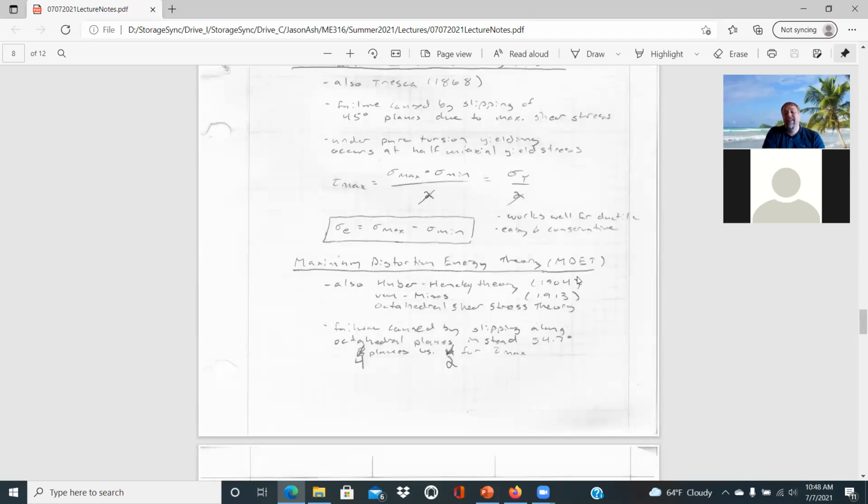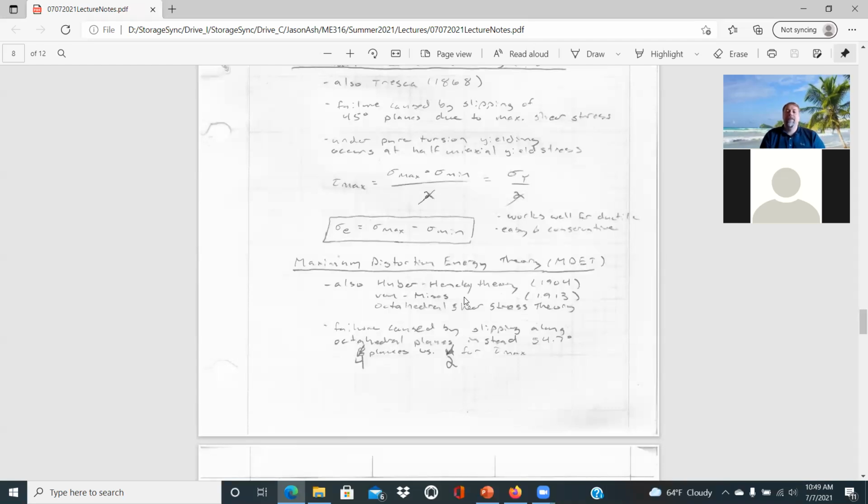And this one has a ton of names. I think you'll see it as maximum distortion energy theory in your book, but it was first proposed and derived in one method by Huber Hencky in 1904. Von Mises derived it by a different method in 1913, and I would say it's most commonly attributed then to von Mises.